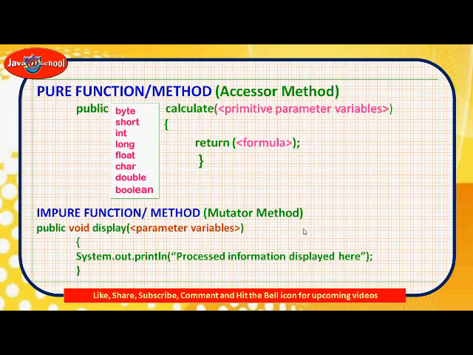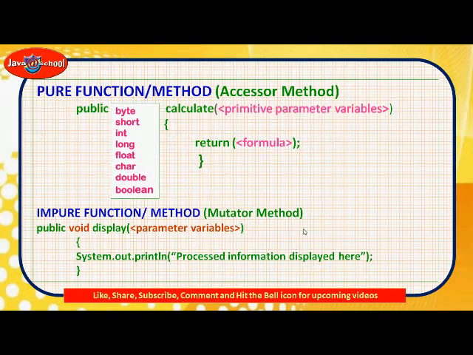So this is the pure function. A pure function will use a return statement. It will not have any other statement to show the answer. Only one answer is returned back to the caller. And one advantage of this pure function is that you can call this function directly inside a formula to further continue the processing of numbers.